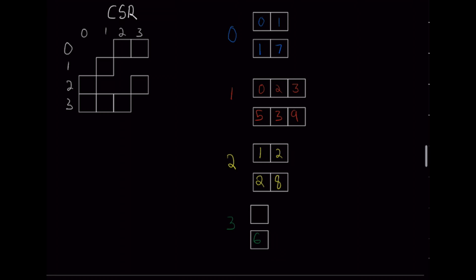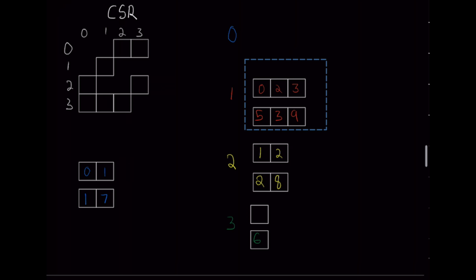Now for the key step in compressed sparse row, we build a row pointer array, which is often called a row pointer. In the row pointer, each entry marks the index position in the values array where the new row begins. Given these, we have row 0.